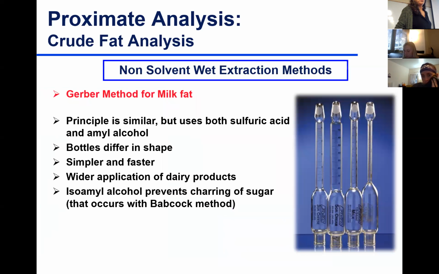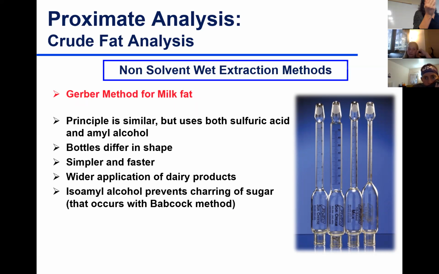So the Gerber method is very similar to Babcock, except you have two slightly different flask shapes, but you have the same principle. H2SO4 is used, and this is used mostly if you have sugar that will char. That means you get the burning of the sugar, so you get charring on the glass.